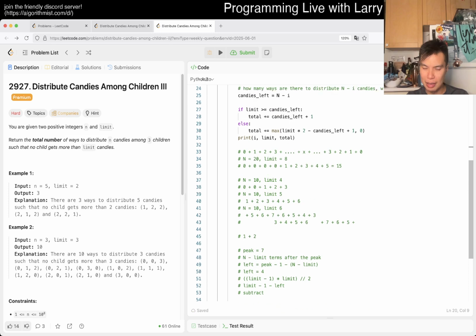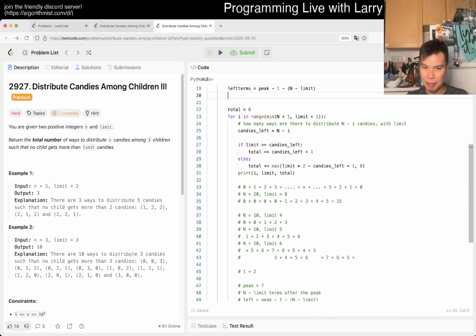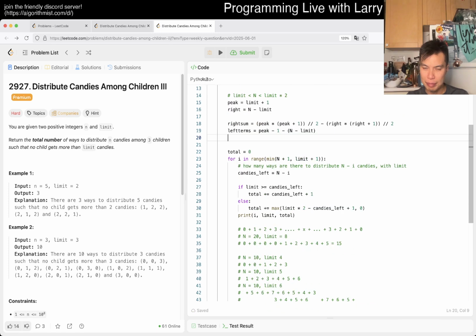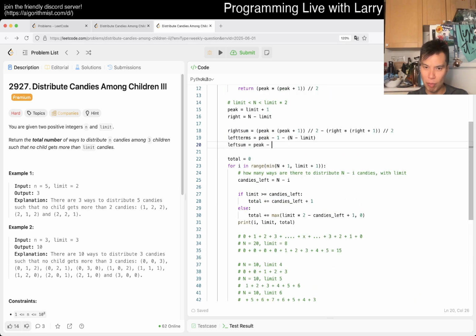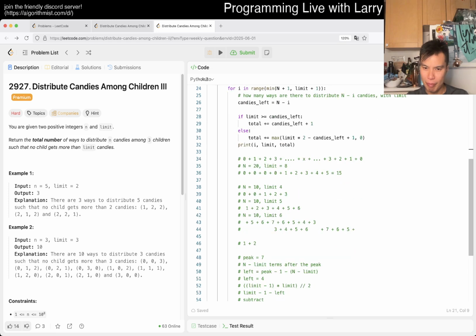And then left sum is equal to peak minus 1 times peak divided by 2, right?